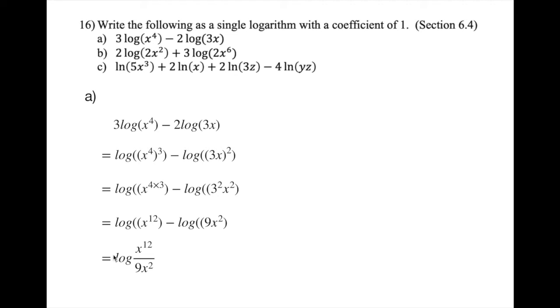That's already a single log, and if we look inside, we want to further simplify that because we see an exponential expression with the same base up and down here. So the quotient will become the subtraction of the powers. So that's x raised to the power of 12 minus this power of 2, which is power of 10.